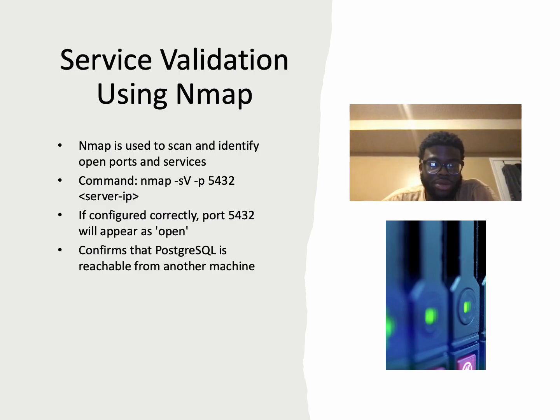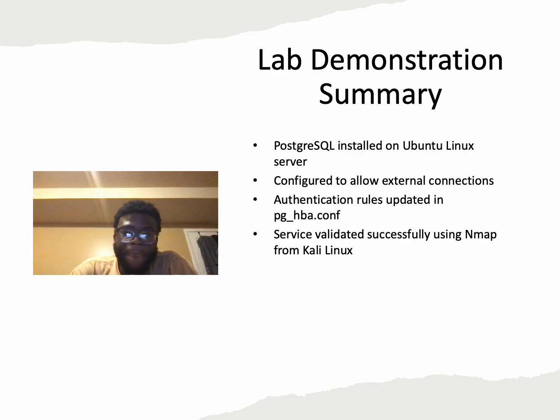Then next page, the lab demonstration summary. PostgreSQL is installed on the Ubuntu Linux server, so you have to make sure it's installed. Then you have to configure it to allow external connections. Then authentication rules are updated in pg_hba.conf, so you have to set the configuration rules.